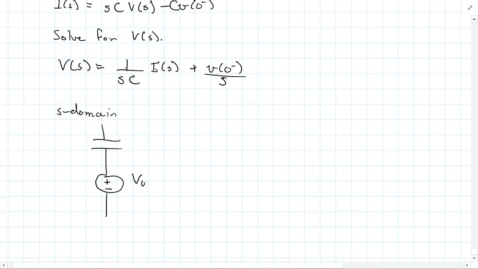This is initial condition V naught. In other words, that's my initial condition at 0 over S, and then this would be 1 over S times C, which again, you could do a source transformation. And if you did a source transformation, making sure you're careful with the directions of everything, you would wind up with the following.